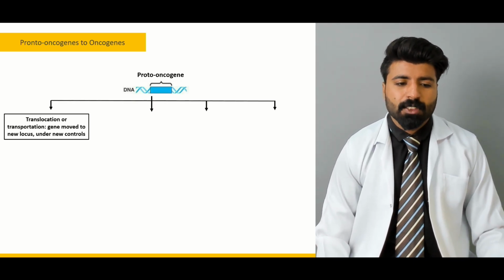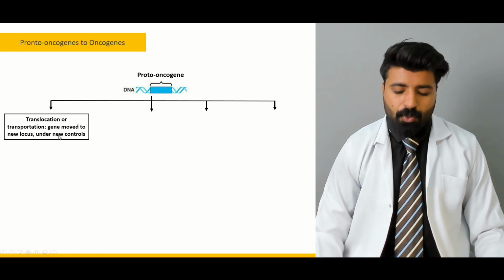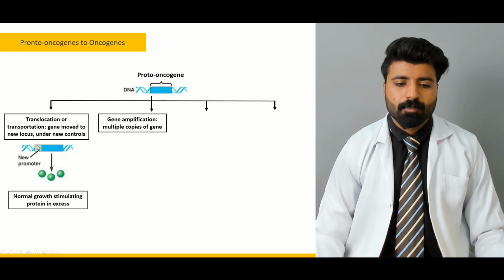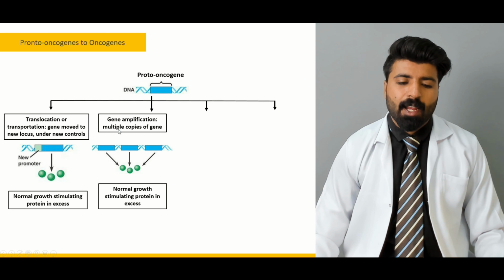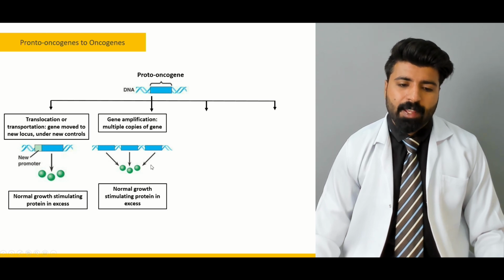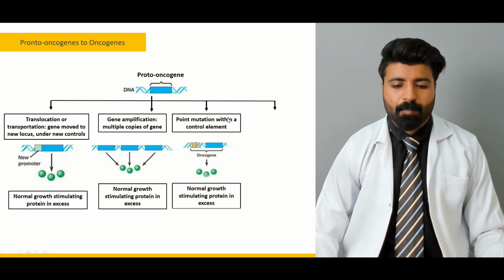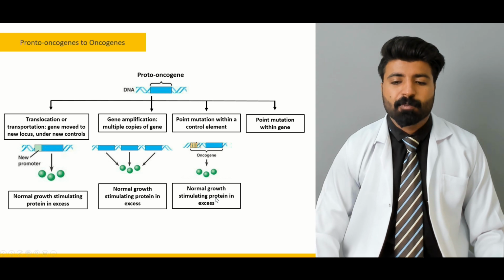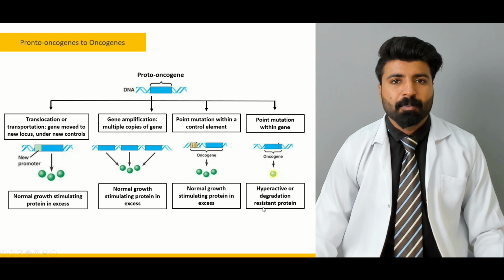With proto-oncogenes, if there's translocation, the gene is moved to a new locus or under new controls, and normal growth-stimulating proteins will be produced in excess. If there's gene amplification, multiple copies of genes are present and growth-stimulating proteins are in excess. If there's a point mutation within the control region, normal growth-stimulating proteins are produced in excess. And if there's a point mutation within the gene, hyperactive or degradation-resistant proteins will be produced.